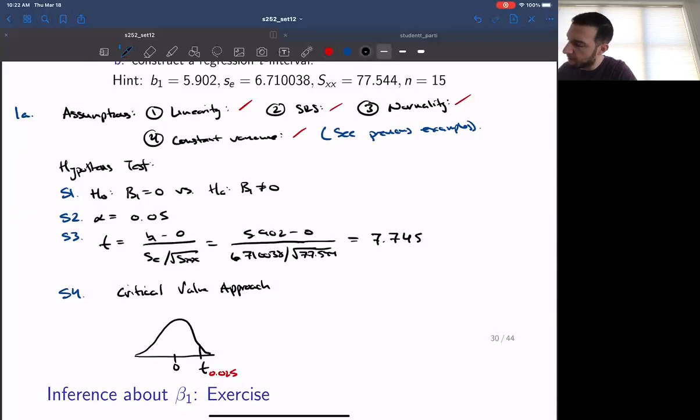And then we have n minus 2 degrees of freedom, which for us is 13 because there are 15 observations in this data set. It's a two-tailed test, so we also have to consider the negative. Right, 13.